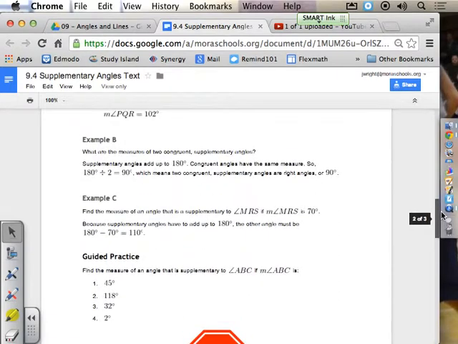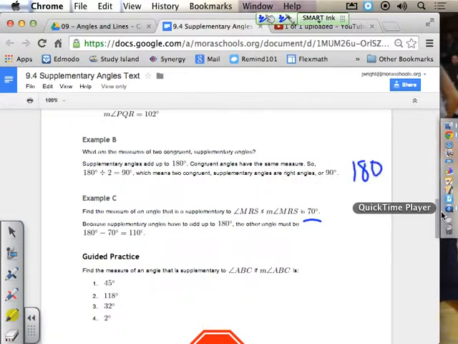All right. So, see, MRS is 70 degrees. What is the other angle if it's supplementary to it? Well, supplementary means 180 degrees. So 180 minus 70 equals 110 degrees.